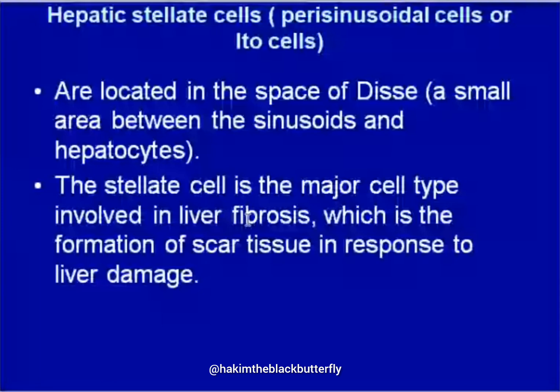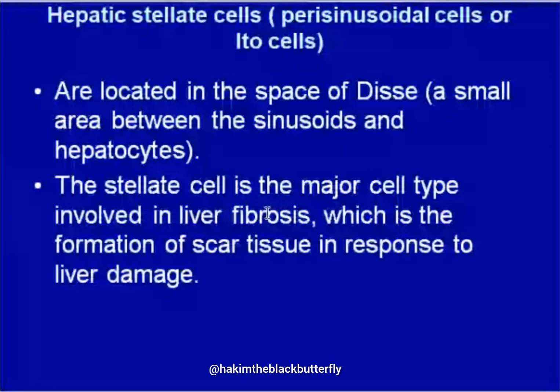This usually occurs in the livers of chronic alcoholics. Chronic alcoholics get a disease known as liver cirrhosis, where part of your liver becomes fibrous or becomes scar tissue.